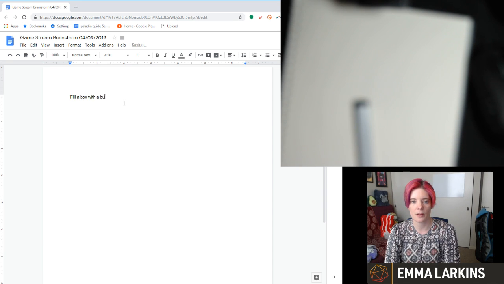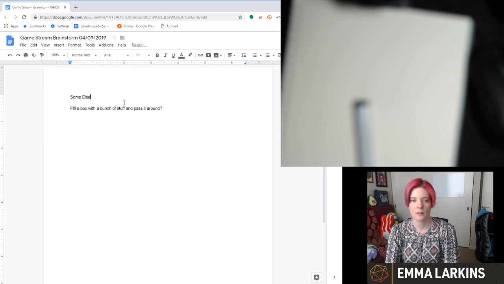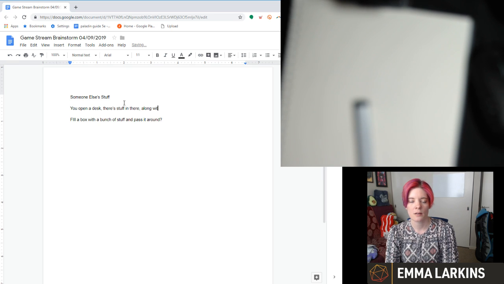Fill a box with a bunch of stuff and pass it around. Someone else's stuff. You open the desk, there's stuff in there along with a code or puzzle.